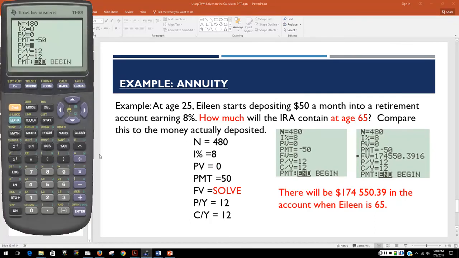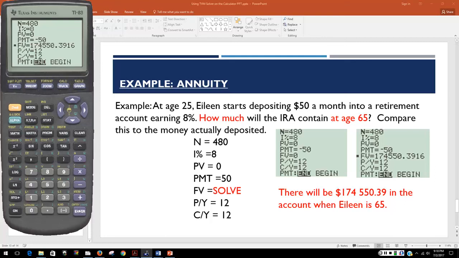So we see here the results of the calculator screens, and so that you'll understand how to do this, and this is a little tricky to remember, you don't hit the second button. It's actually the alpha button, the green button on my calculator. You hit alpha, which is underneath the second button, and then enter, and it will tell you the amount of money that she has in her account at the end of 40 years at that interest rate when she deposits $50 a month.